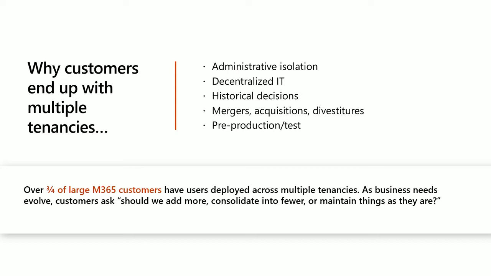And then probably the biggest reason that we see is really around isolation and distributed administration. One of the requests that we get quite often from customers is they want to have a single tenant, but they have multiple organizations within that tenant that need to be managed autonomously.